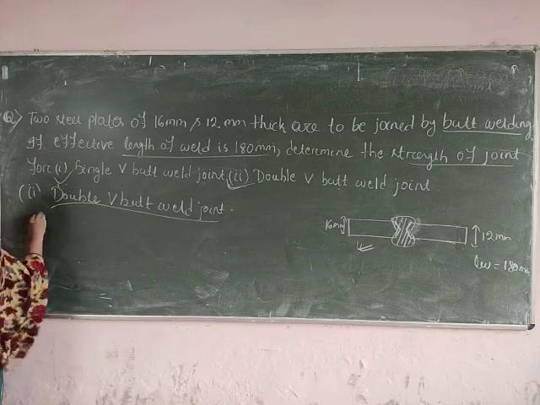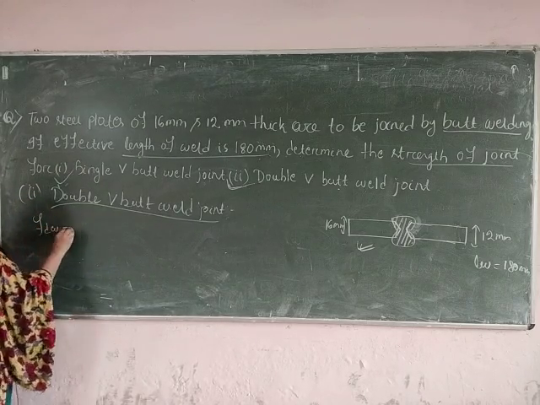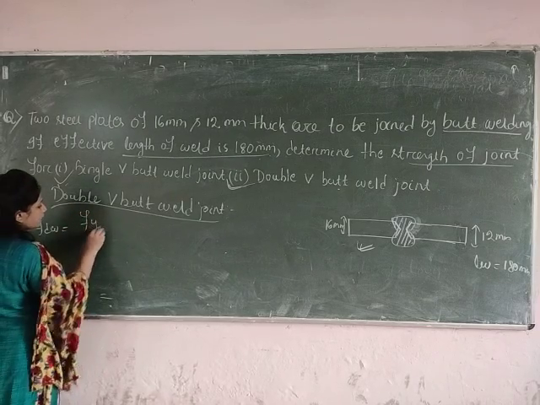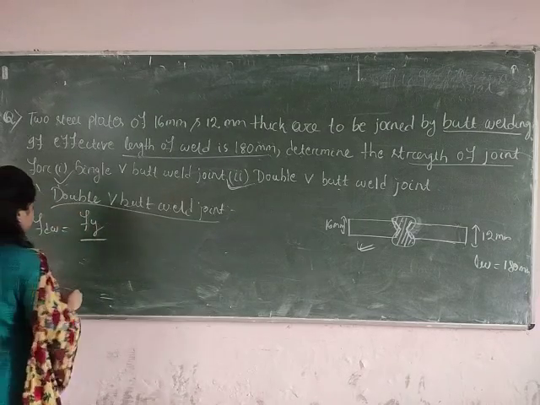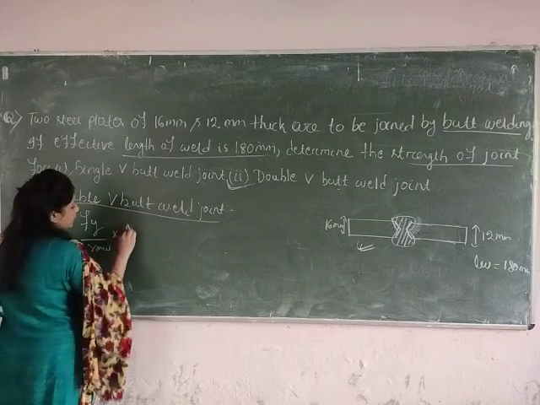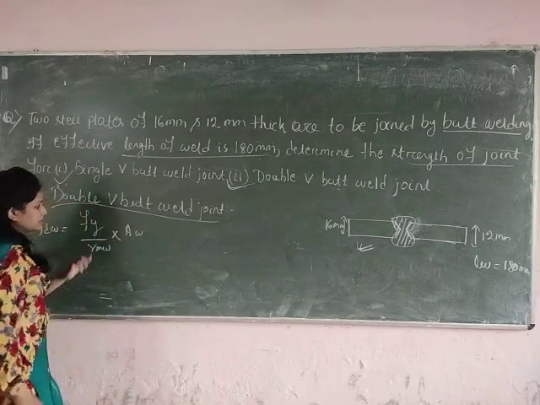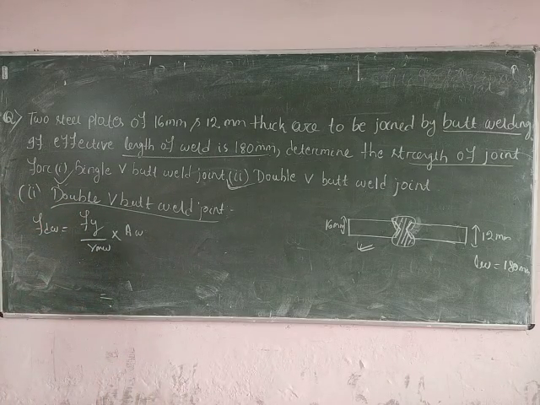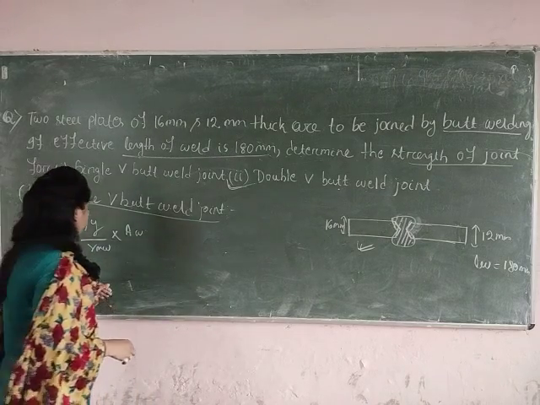The design strength of weld can be calculated by the same formula, that is Fy by gamma MW into area of weld. Here also yield stress is 250 Newton per mm square, gamma MW is 1.25.